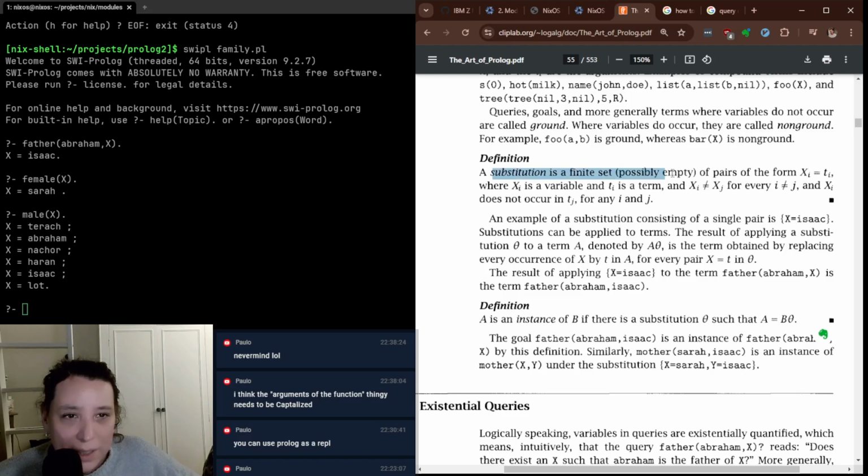A substitution is a finite set of pairs of the form Xi = ti. So we can have a bunch of these pairs. X = Isaac, whatever, Y is equal to something else. And so all the capitals are the variables, so that's why Xi is a variable. So the left side is a variable, and on the right side is a term.